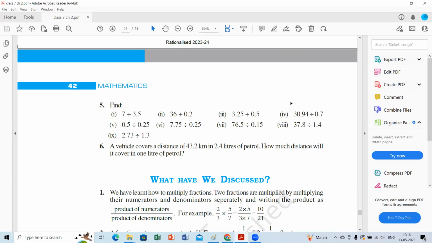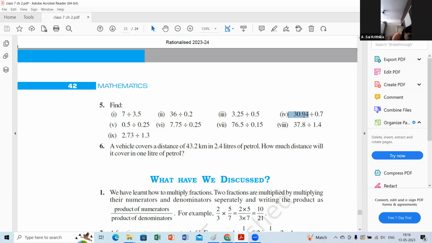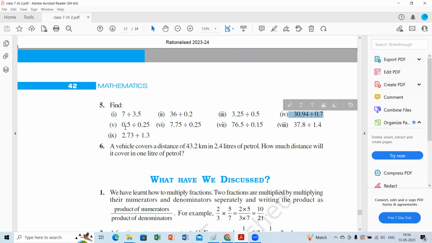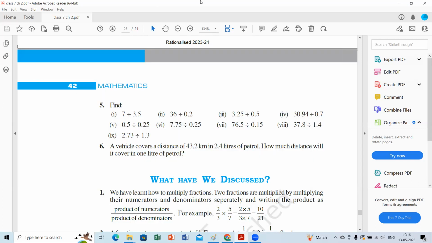Fourth one you should try. One minute, I'll highlight the things. Fourth one, then fifth one, then seventh one, then ninth one. Come on, children, please. In class itself you can do the answers and let me know the answers through chat.